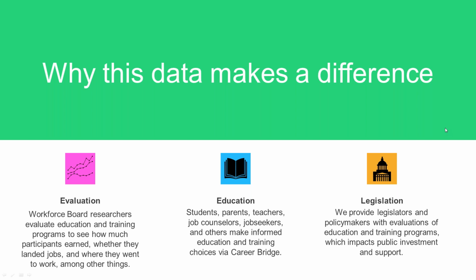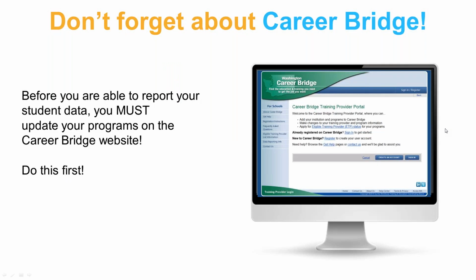So just one last thing before I walk you guys through how the student data portal works is please don't forget about your CareerBridge pages. If you haven't done that yet, you have to update that before you'll be able to start your student data reporting.